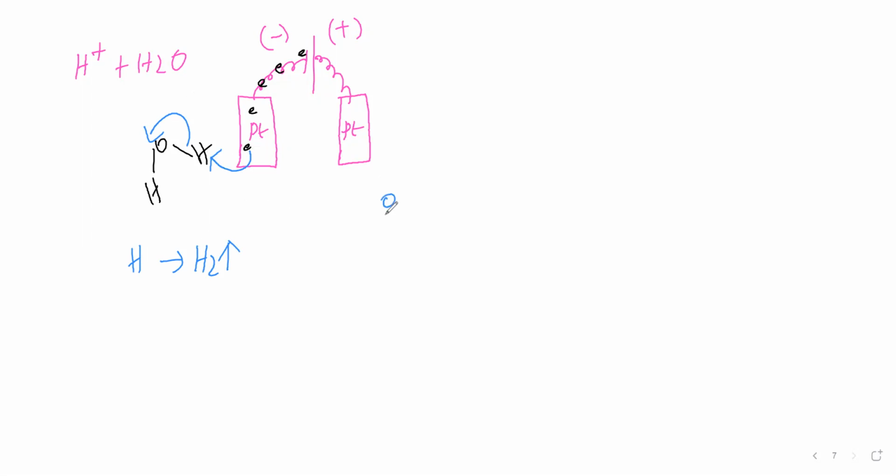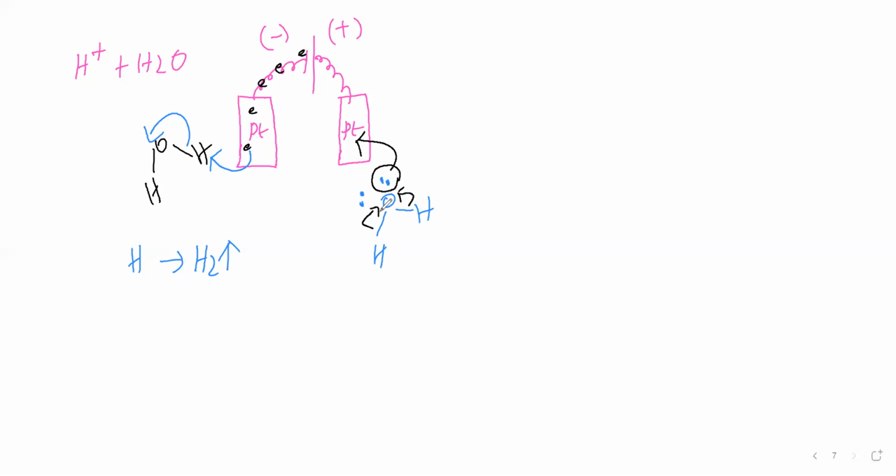Then another water molecule takes this as two lone pairs. In this water molecule, the oxygen donates an electron pair to the platinum by shifting the bonds towards itself.